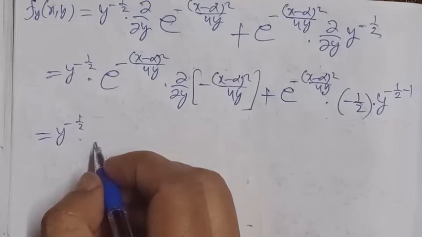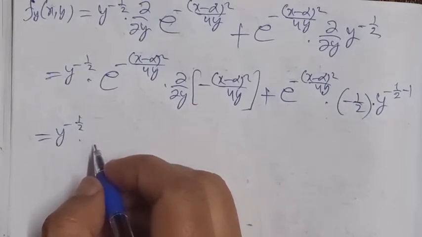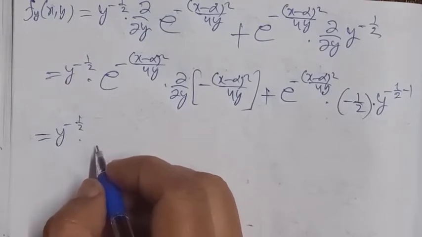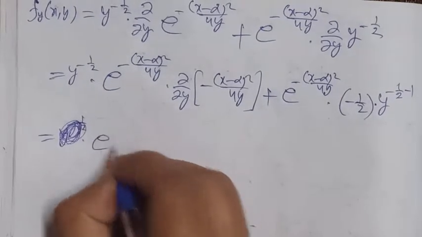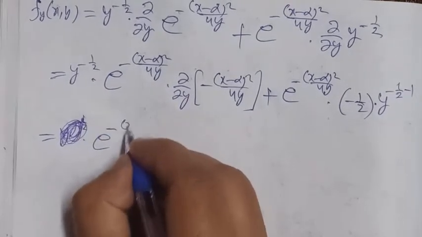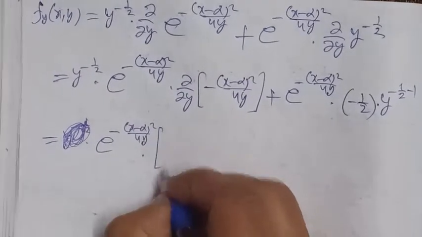And we can also take out some terms common, so that our calculation becomes easier. So first of all I take out e to the power minus (x minus alpha) whole square upon 4y as common out from this bracket.